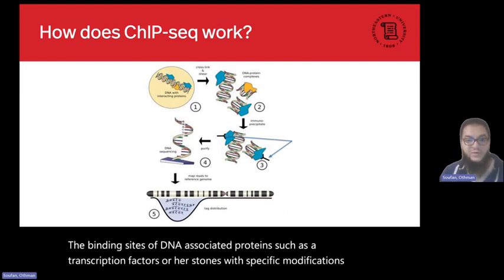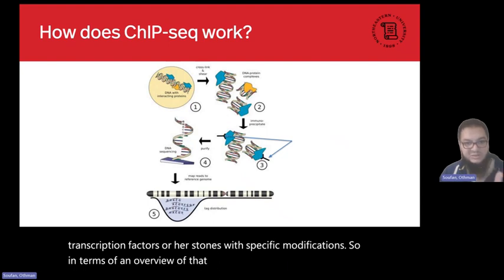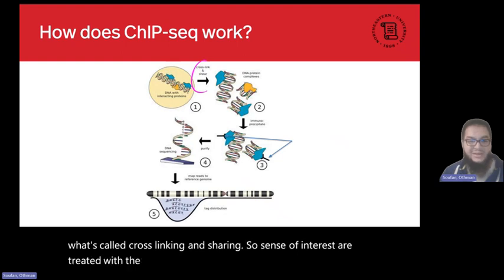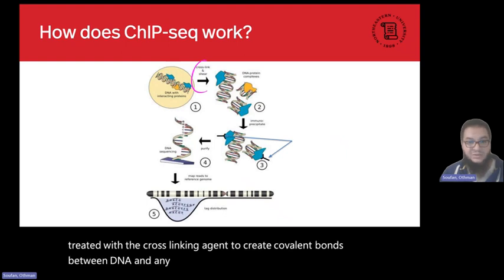So in terms of an overview of the ChIP-Seq process, it starts with what's called cross-linking and shearing. So the cells of interest are treated with a cross-linking agent to create covalent bonds between DNA and any protein bound to it. Next, chromatin fragmentation.